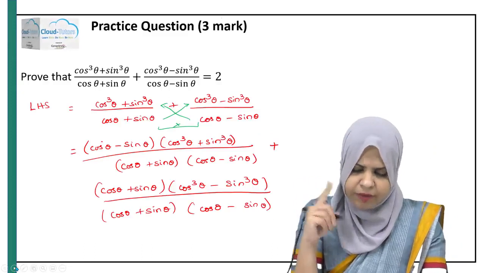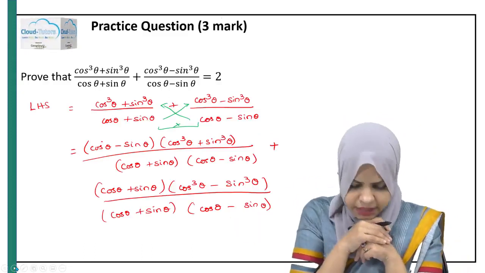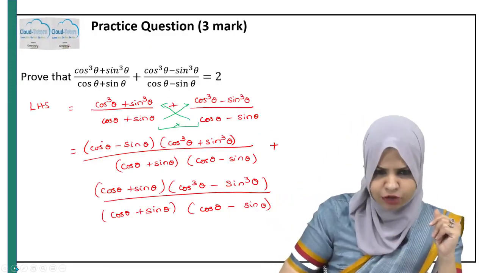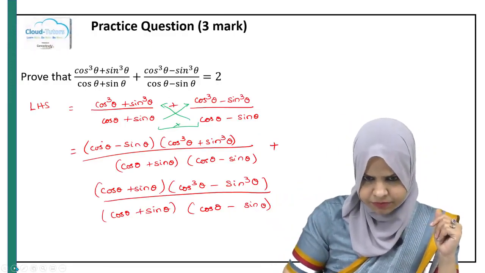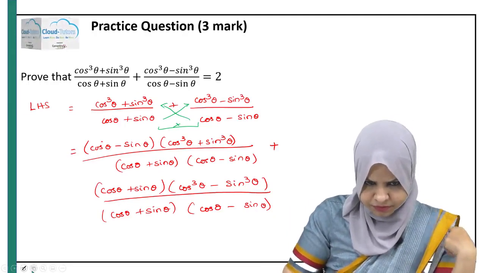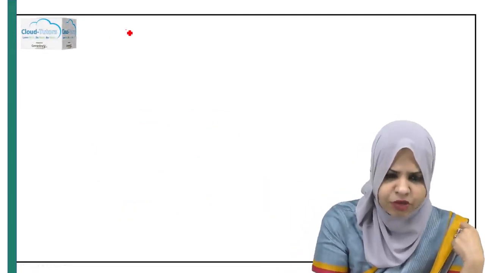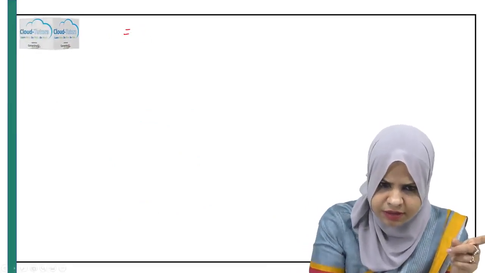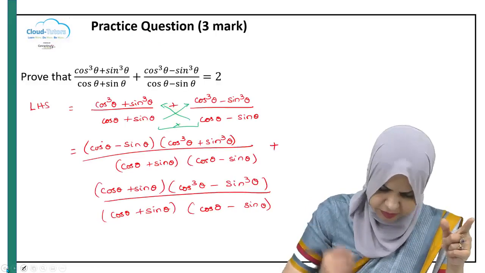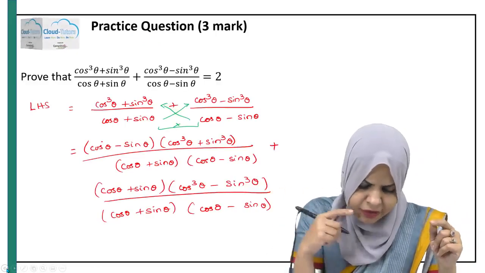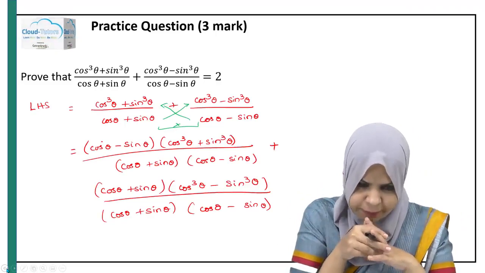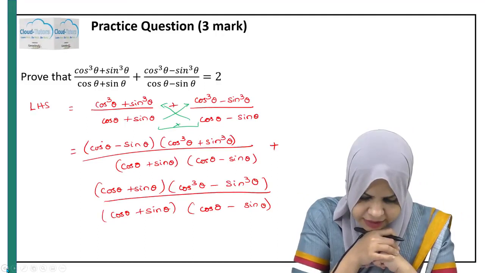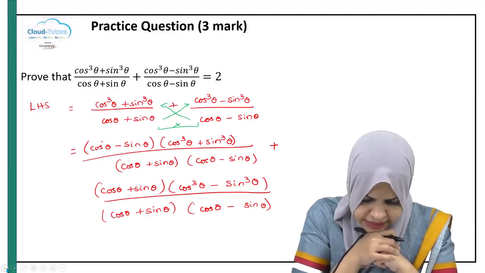Now observe here, let's multiply them, okay? And even the denominators, let's do it. So this would be equal to cos theta, and cos cube theta plus sin cube theta can also be written as cos theta plus sin theta. Yeah, that would be easier, right?